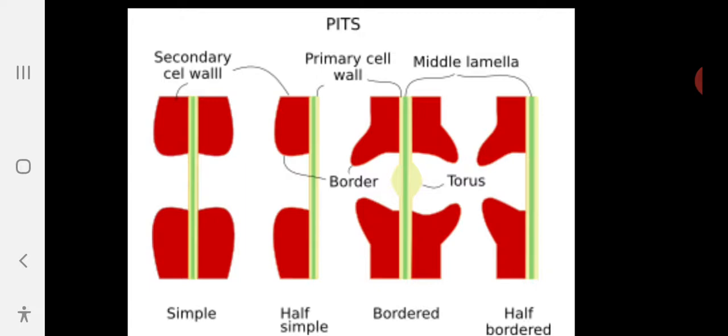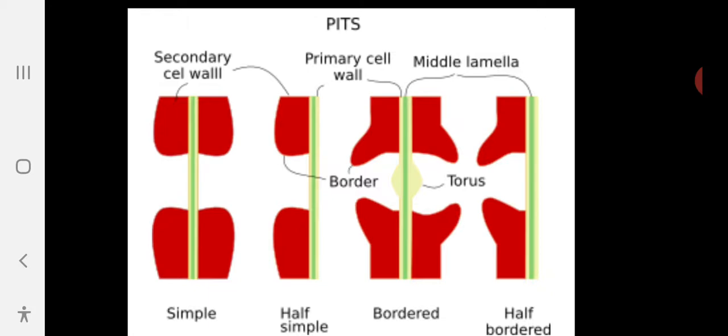So there is a bordered pit. The pit aperture can be covered by a secondary cell wall portion. So these are called bordered pits. Sometimes some pits have a simple pit on one side and a bordered pit on the other side. These pits are meant for water transportation from one cell to the neighboring cell.